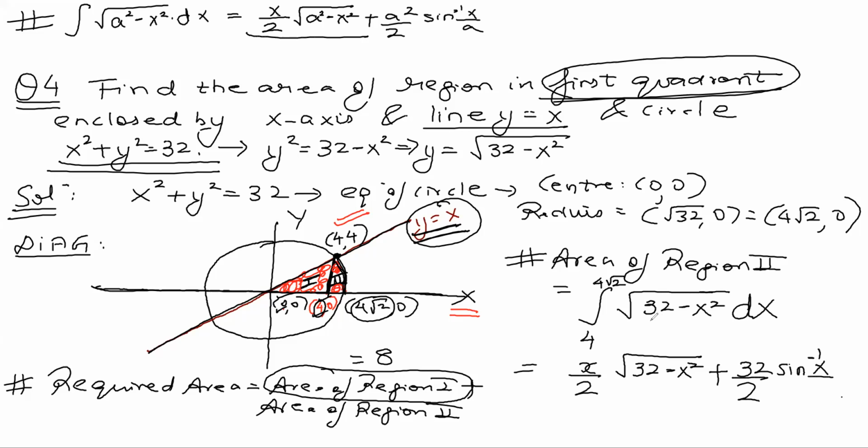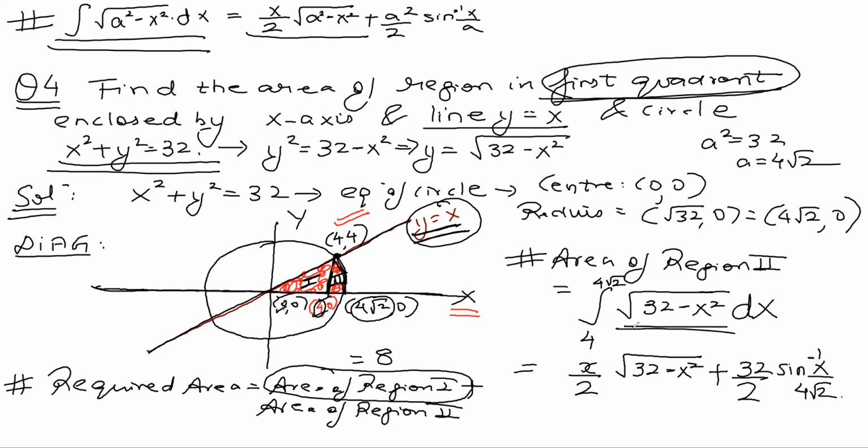Now a square is 32, so your a is 4 root 2. So sine inverse of x by 4 root 2. So you can see, guys, this formula I have applied here: x by 2 into under root 32 minus x square plus a square by 2, a square is 32, so 32 by 2 sine inverse x by 4 root 2. And now I run this from 4 to 4 root 2.